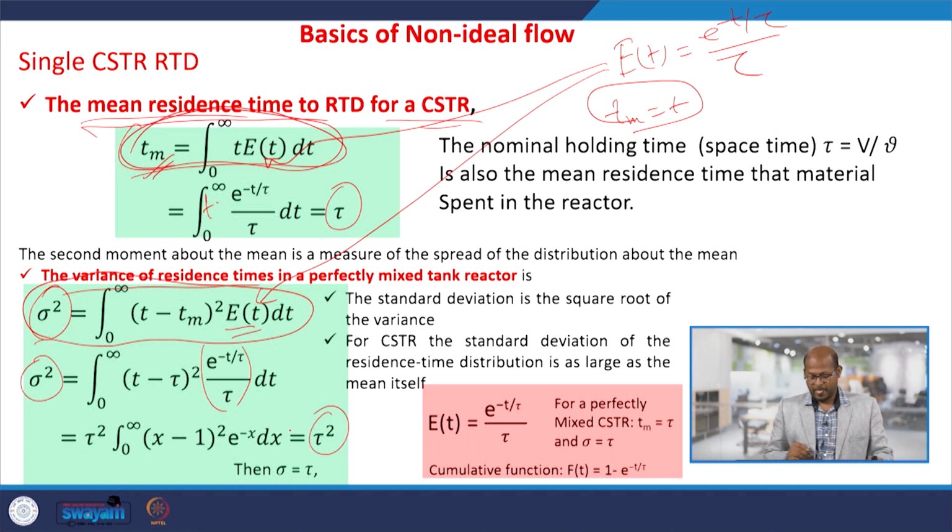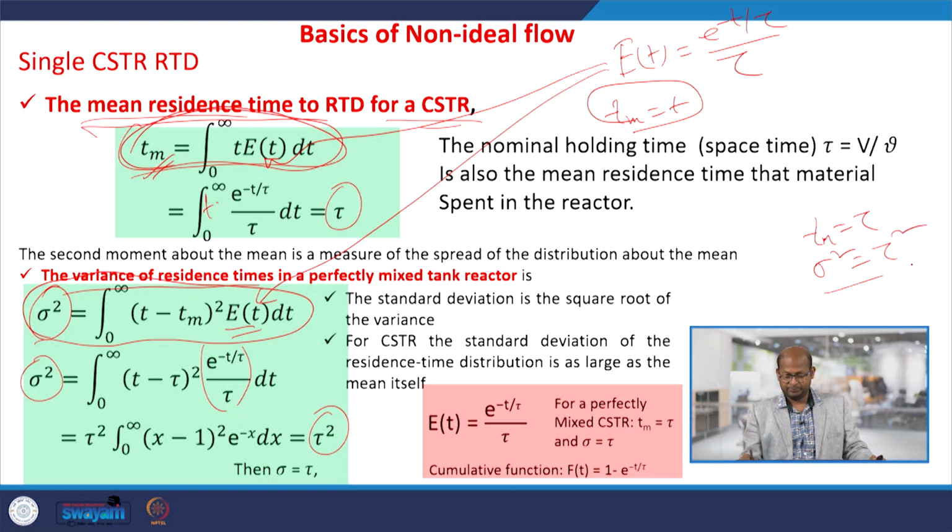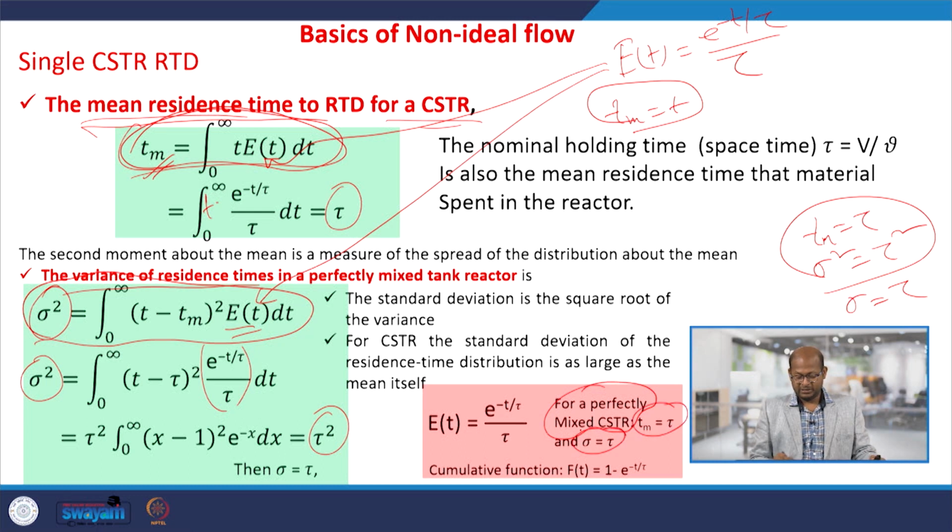So T_m equals tau, sigma square equals tau square, or sigma equals tau. For a perfectly mixed CSTR, mean time equals tau and sigma equals tau, and F(t) and E(t) are as given.